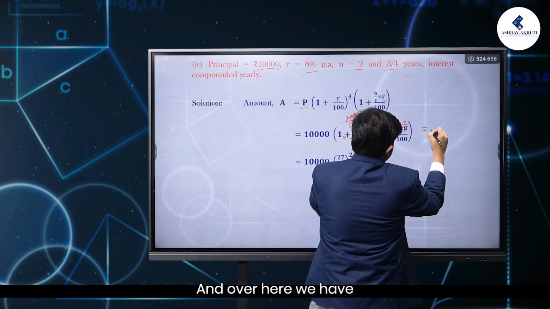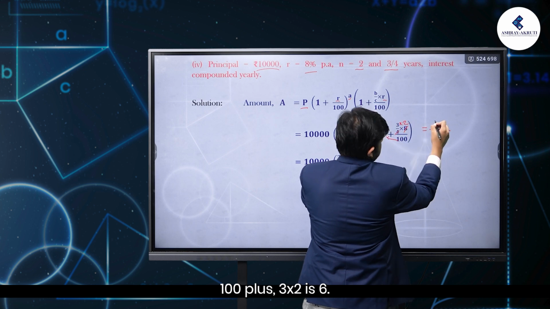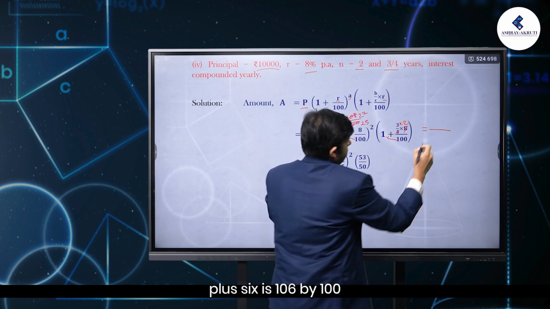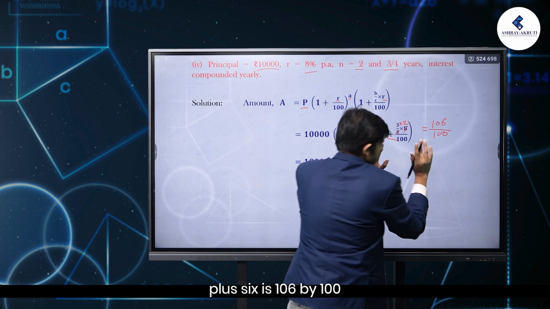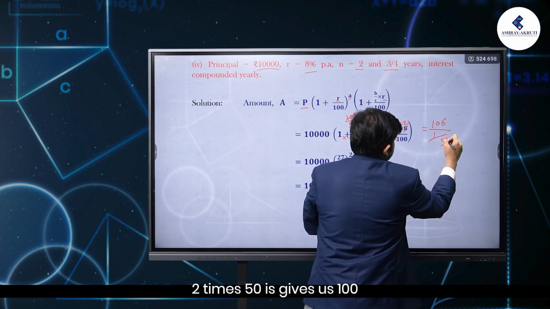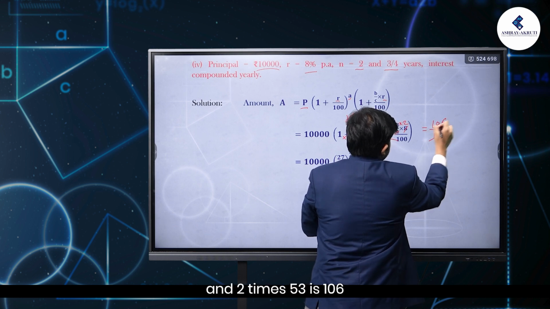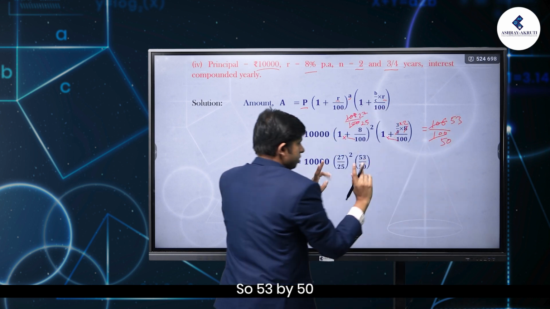And over here we have 100 plus 3 into 2 is 6. So 100 plus 6 is 106 by 100. 2 times 50 gives us 100 and 2 times 53 is 106. So 53 by 50.